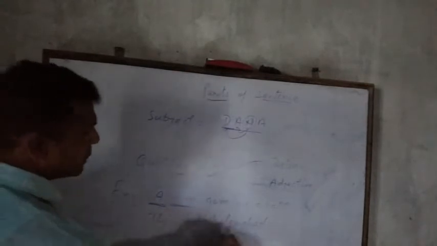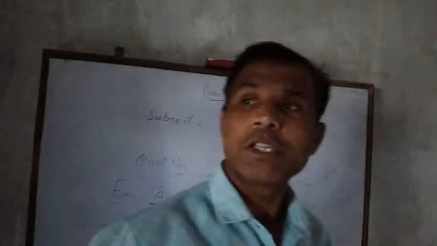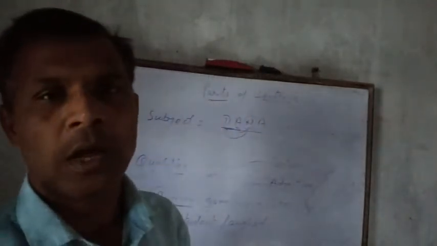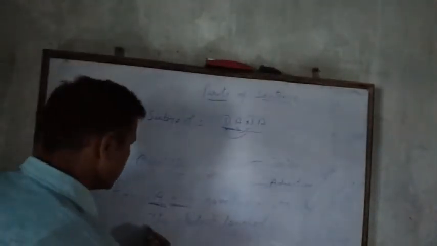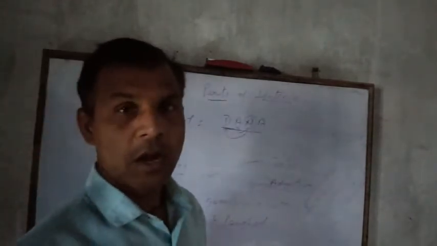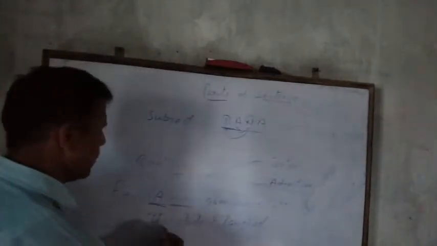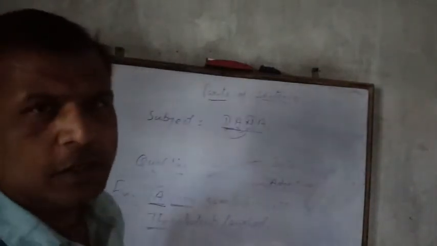The student laughed. We are discussing about the student. And the article 'the' determines the student. So 'the' is determiner here.